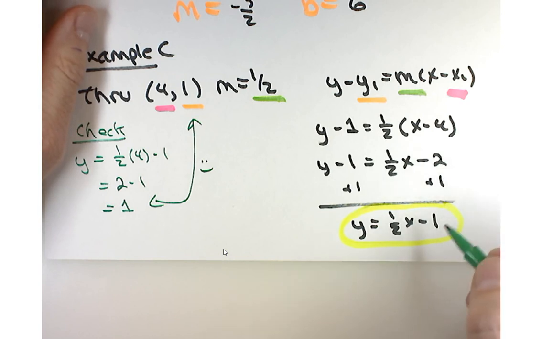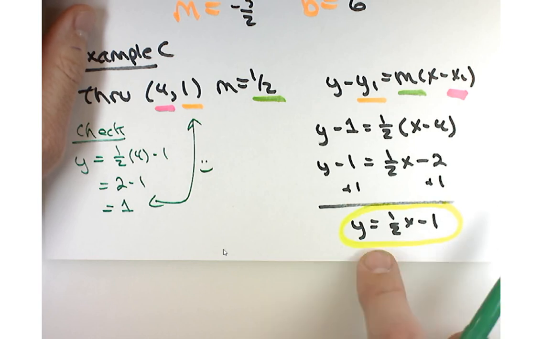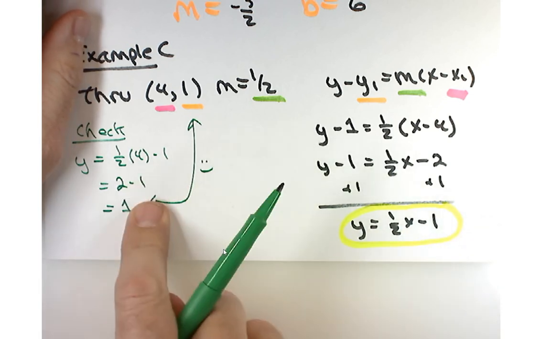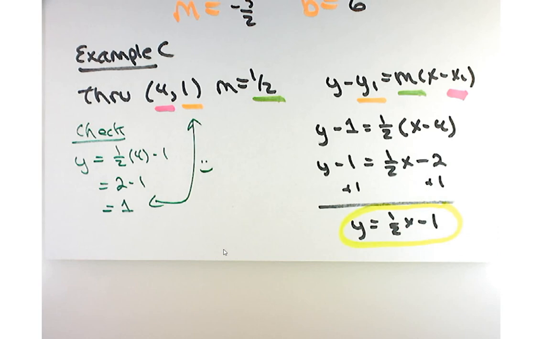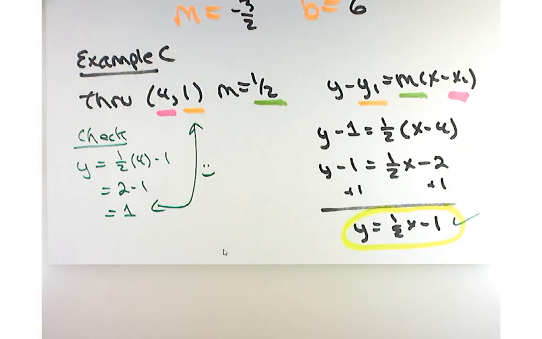You could maybe do something like that, but I just want to know that this line has the proper slope. What's the slope of this line? Just look at, yeah, that's just 1/2. It's right there. So it passes through this point and has the right slope. So nailed it. Good job. Thank you. All right.